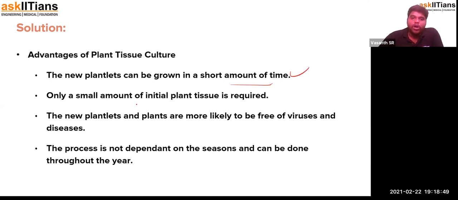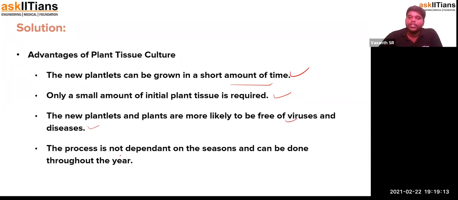Okay. Only a small amount of initial plant tissue is required, which means you don't need a mass amount of tissue to produce a single plant. Even if the parent plant has died because of a virus, the plant which is going to be formed from the explant or the vegetative part will be devoid of virus or any kind of disease. It will be disease free.